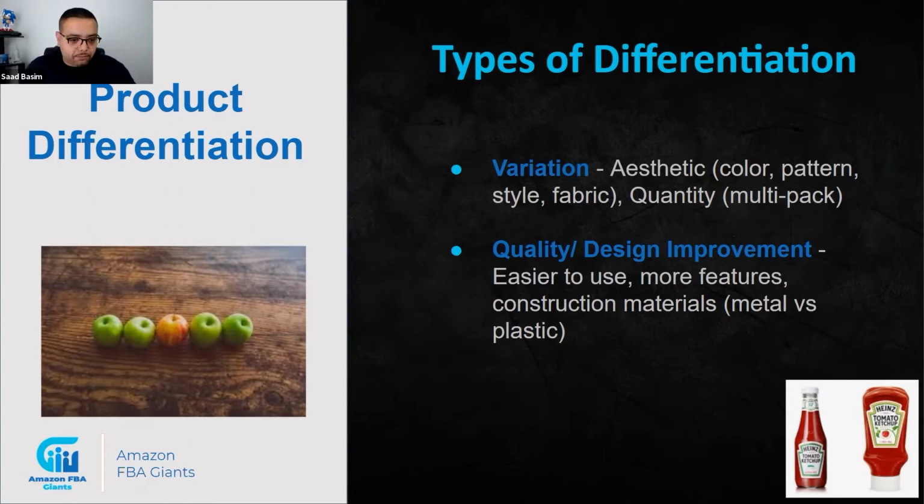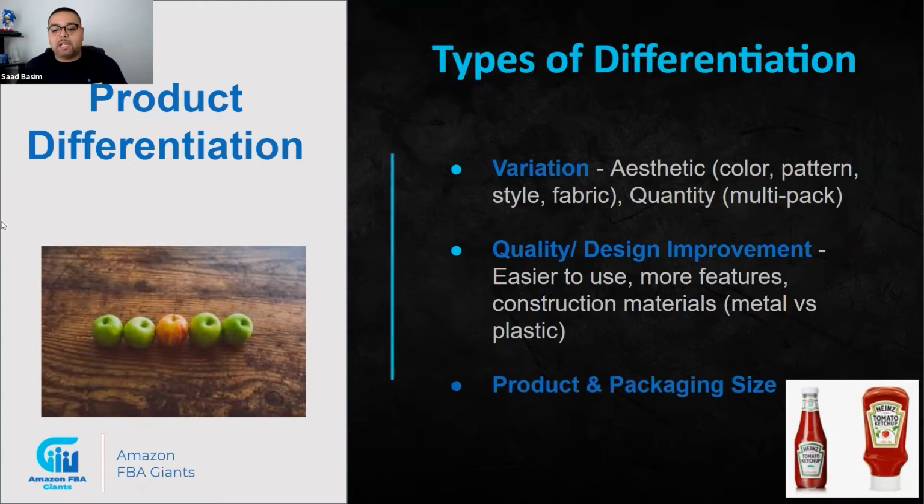The other thing we have is product and packaging size. This is really, really important because when we talk about Amazon fees, a small standard size, which is anything below 18 inches, is really good.